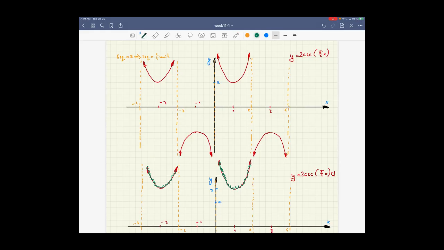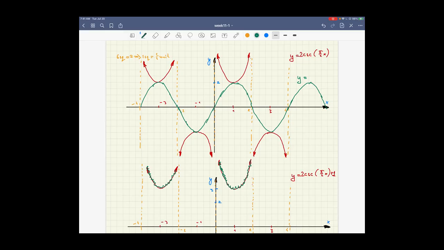Correspondingly, we will get our sine function as... what?